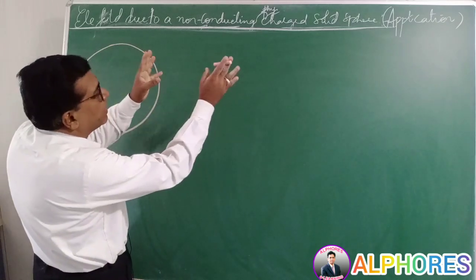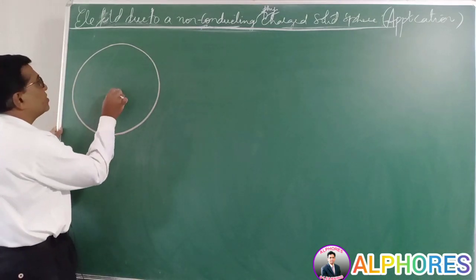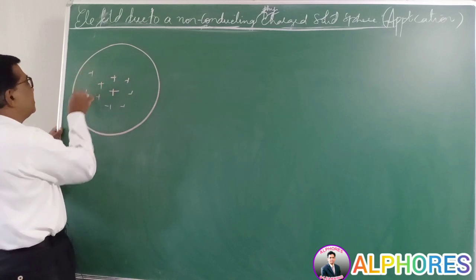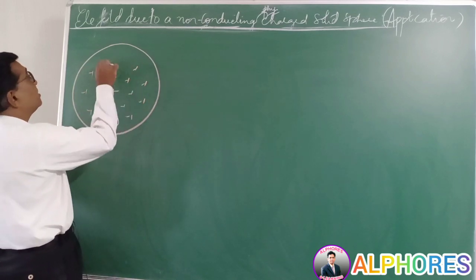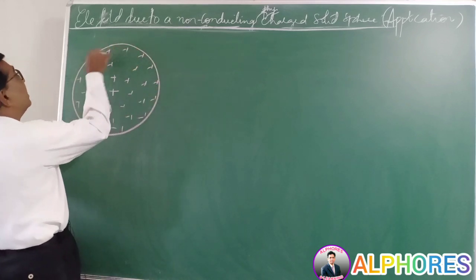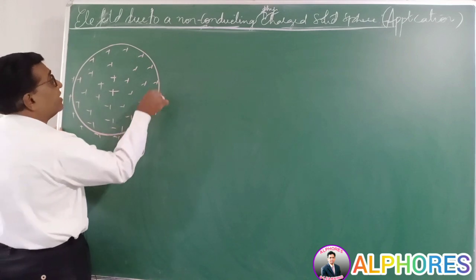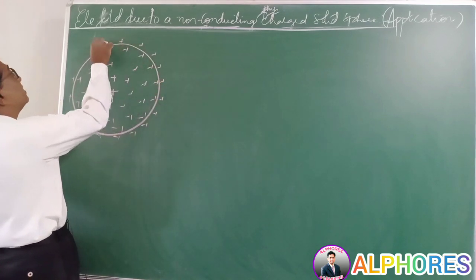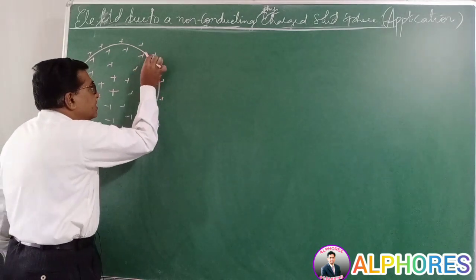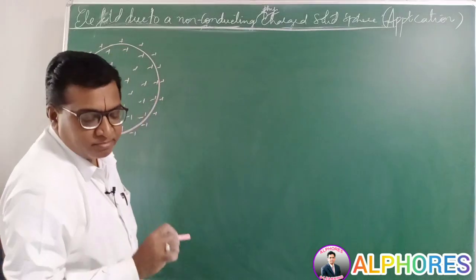Consider a non-conducting charged sphere, charged uniformly. So it is a continuous, uniform charge distribution such that at any point the charge per unit volume is a constant. The amount of charge in any particular unit volume is the same as the charge per unit volume at any point, right?